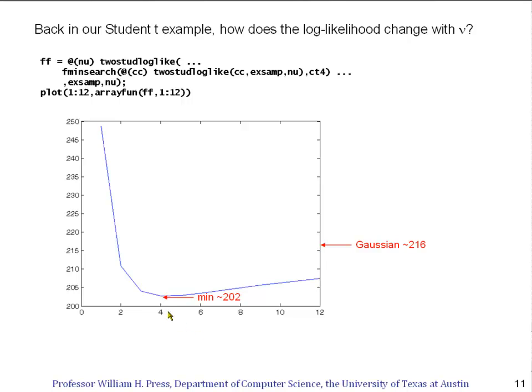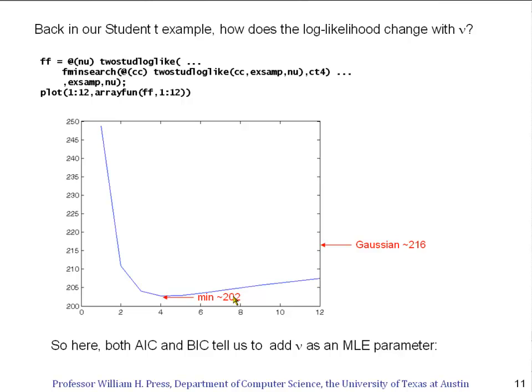And the minimum occurred at, I can't remember the value, was it 4.2 or something like that? And that's here, and that has a value of 202. And in fact, 216 minus 202, the log likelihood went down by 14, and that's highly significant by either AIC or BIC. So here AIC and BIC tell us that adding nu as an MLE parameter is a good idea. And any amount of cross-validation or empirical tests would also tell us to do that.